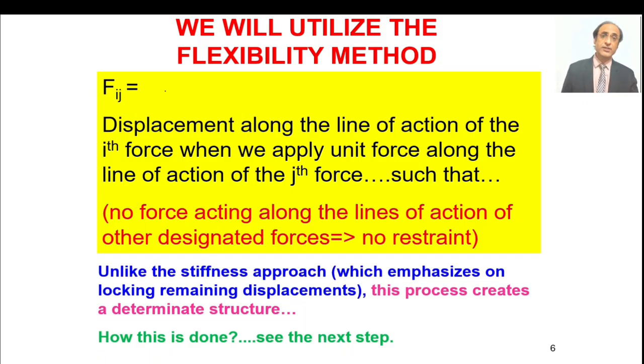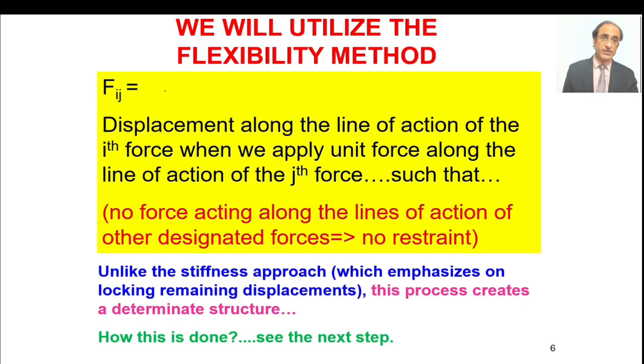In the case of the stiffness approach, we have to lock all degrees of freedom except the one along which we are applying the particular displacement. Here the process is different. Here we have to create releases. Here we have to make sure that force is acting only along one particular line and there is no force acting along any other line.